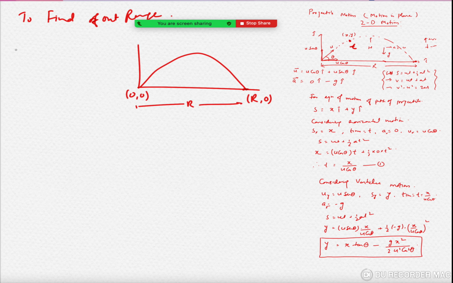So at range, at this point, x is R and y is 0. Now you put this value in the equation, let's say this equation 2.